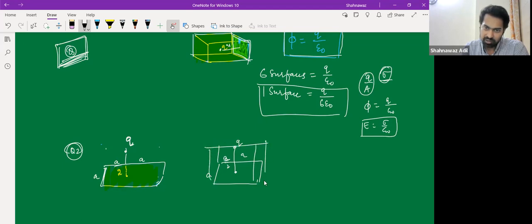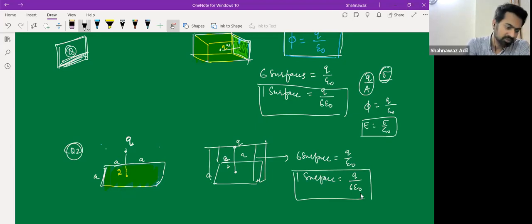Let us assume that this is a cube. From the 6 surfaces, the total flux is Q by epsilon, so from one surface it would be Q by 6 epsilon.